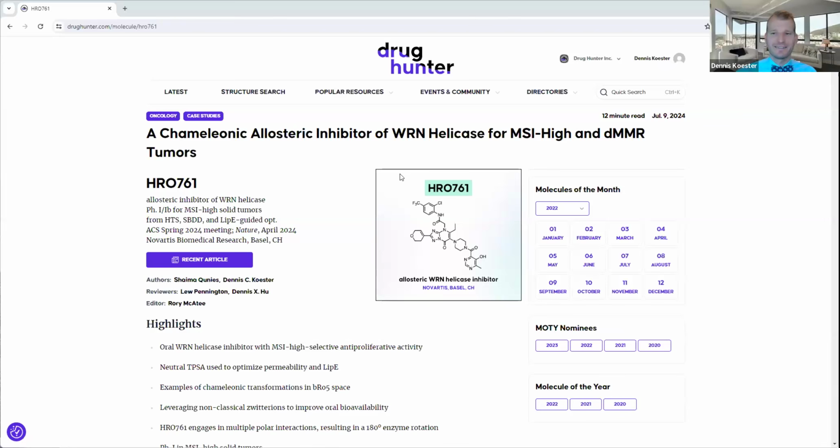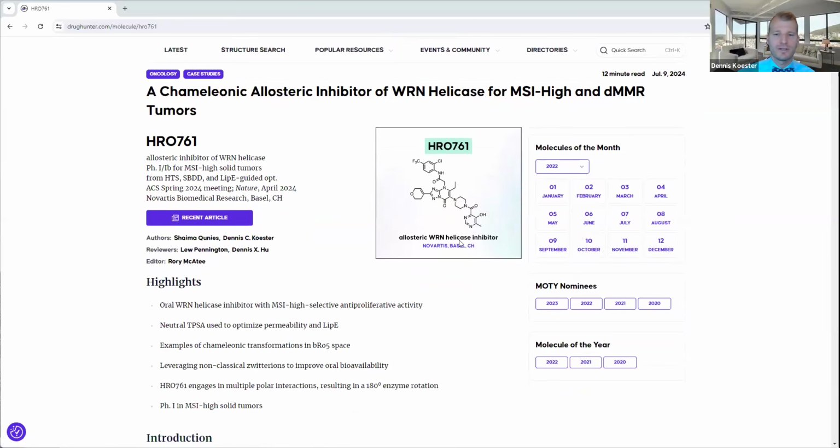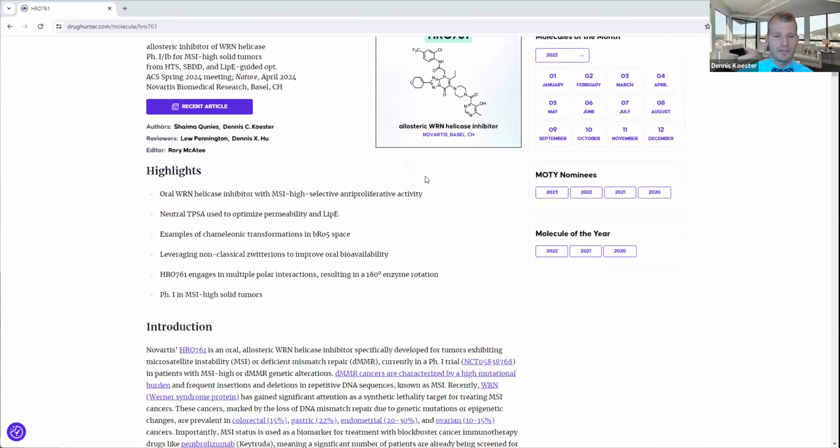All right, before we launch into Henrik's presentation, let's have a look at Henrik's favorite molecule here and the case study that we actually published on Monday. And Henrik graciously reviewed the case study for us. So here you can see this complex beast of the Werner helicase, which is an allosteric inhibitor.